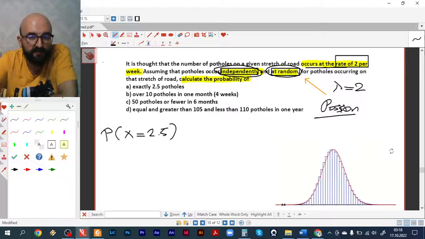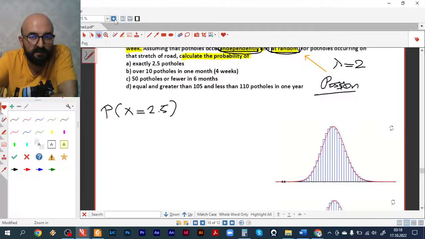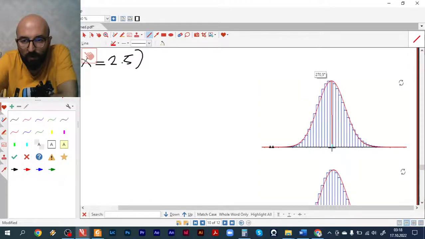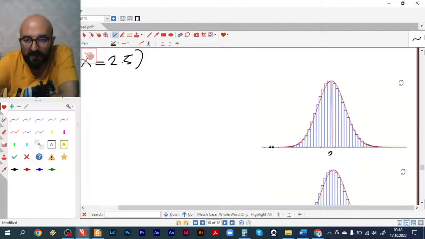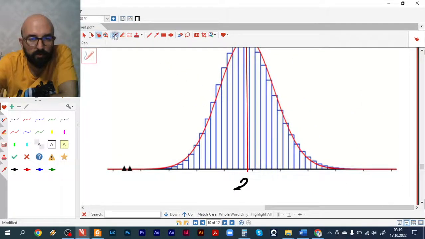The first step: the Poisson distribution is a discrete distribution, and the middle of the curve means the average, lambda. Lambda is 2, and exactly 2.5 means this.